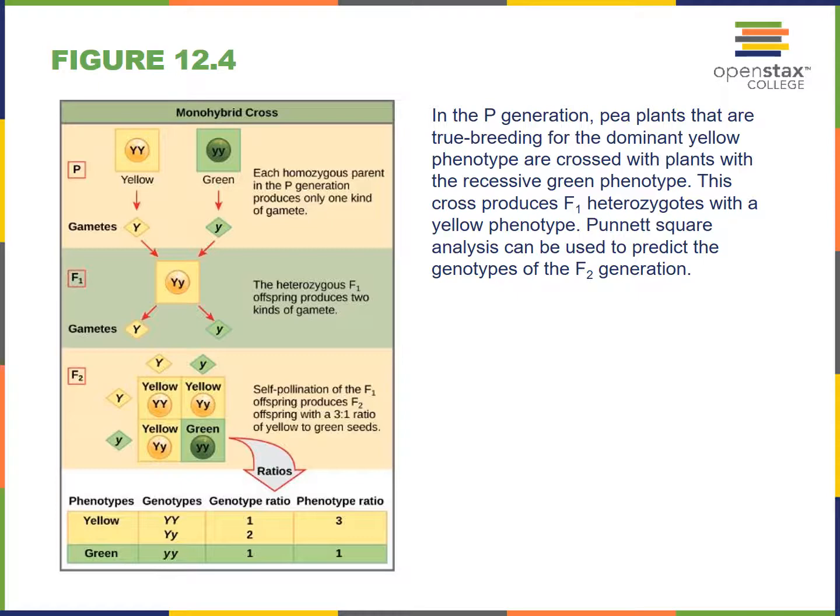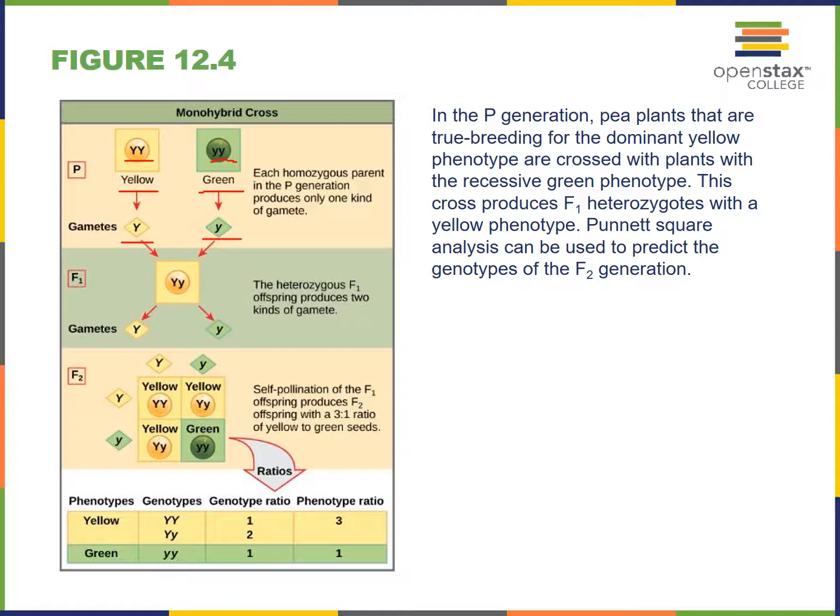So in his parental generation, he crossed yellow true breeding plants right here. So he knew they were homozygotes, probably. And he crossed those with green true breeding plants. So he knew they were homozygous, probably. The yellow true breeding plants are only going to give you one possible gamete.